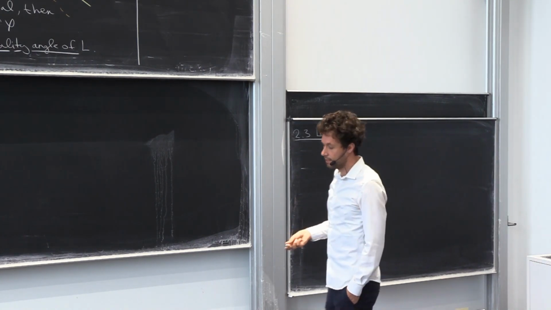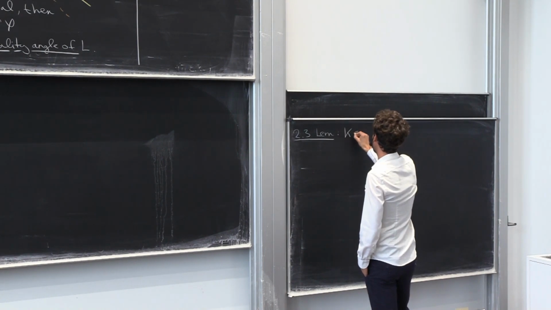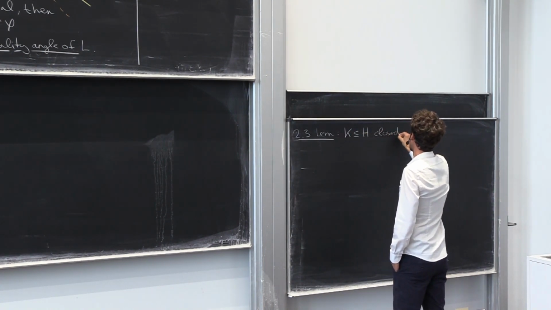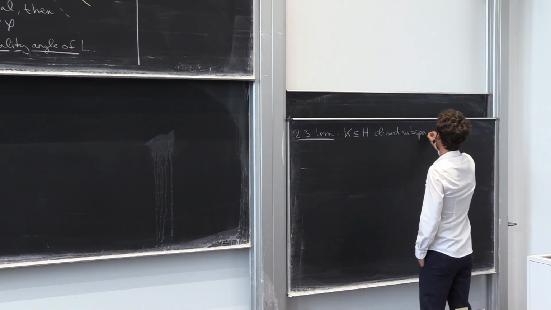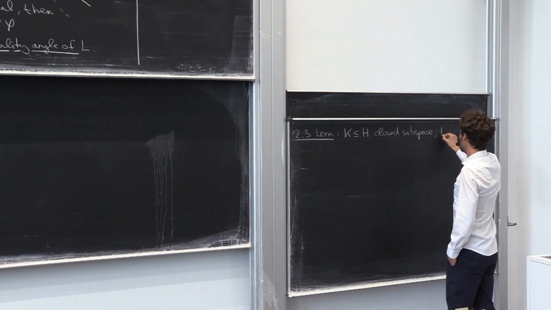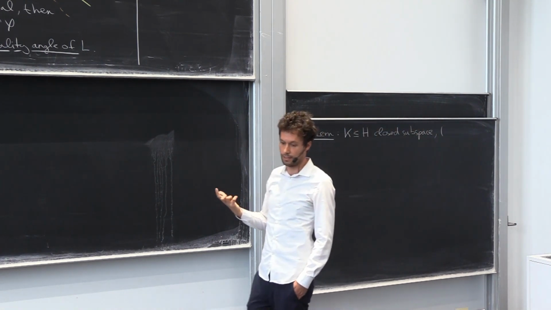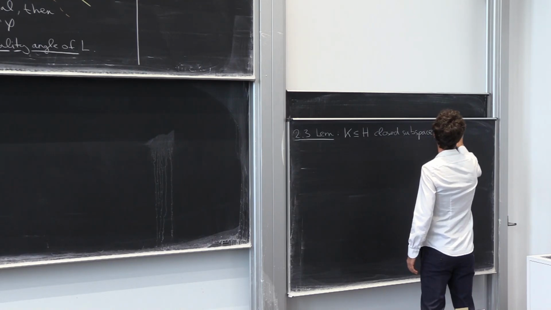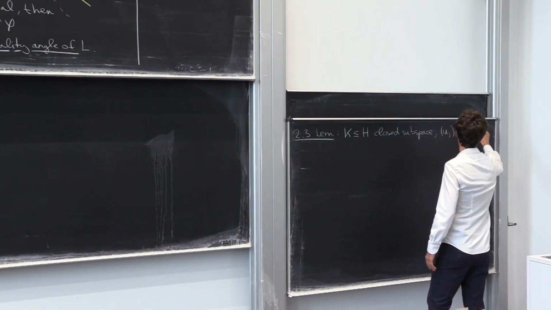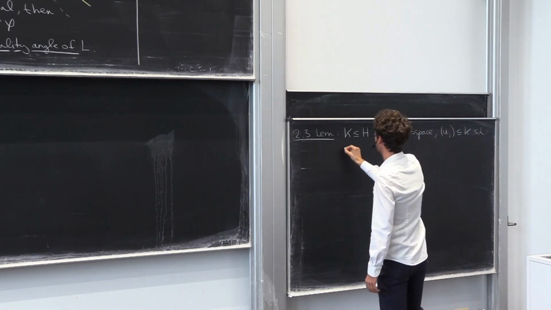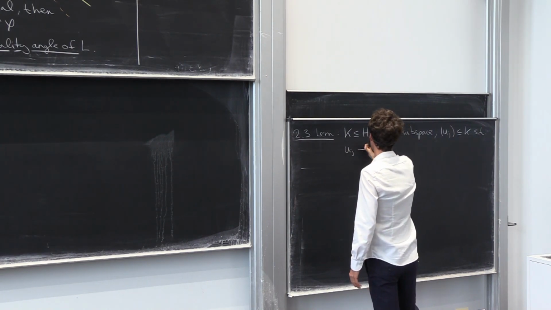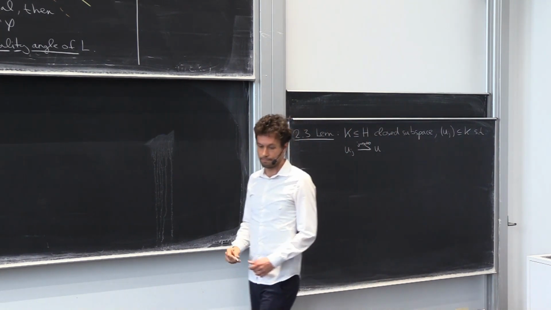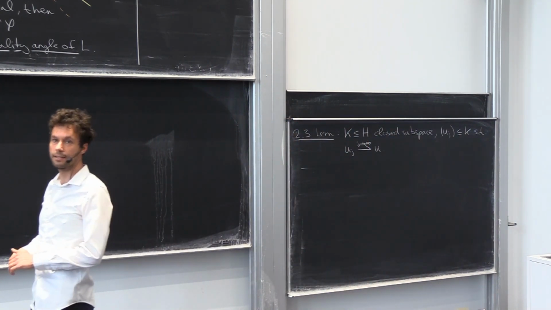So the lemma says the following: if K is a closed subspace, and I have a sequence in K, so u_j, a sequence in K, such that u_j converges weakly as j goes to infinity to some u, then what can I say?